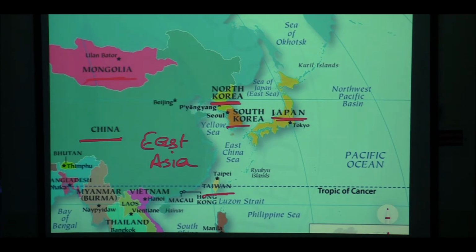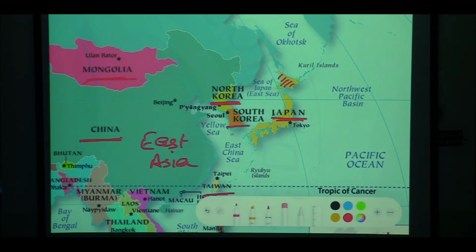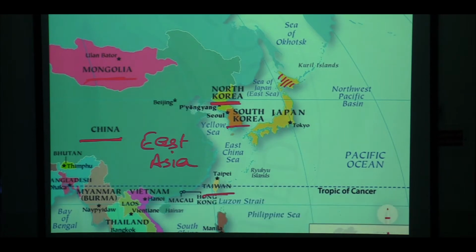Starting from the Kuril Islands, this island of Japan, the northernmost island of Japan, is recognized to be Hokkaido Island. The biggest island of the island country Japan is Honshu Island.